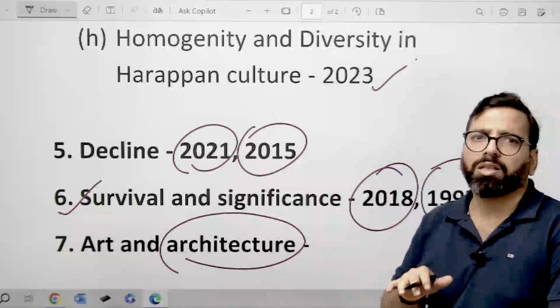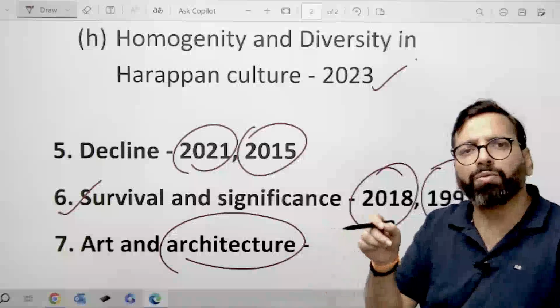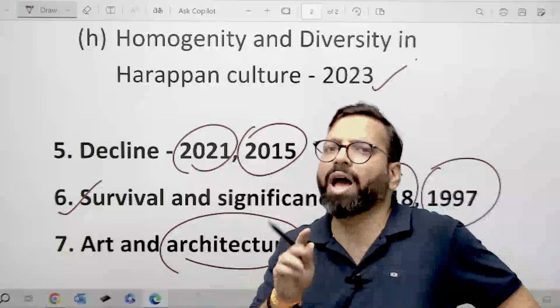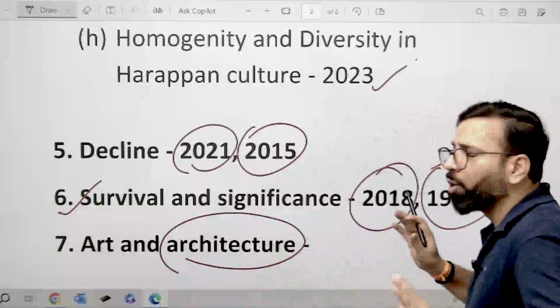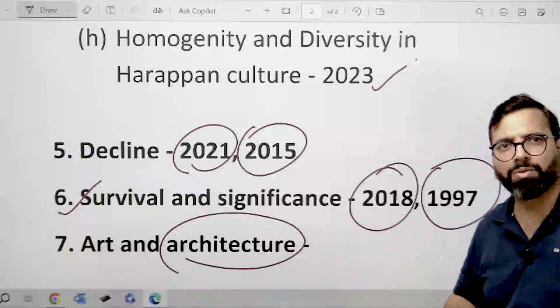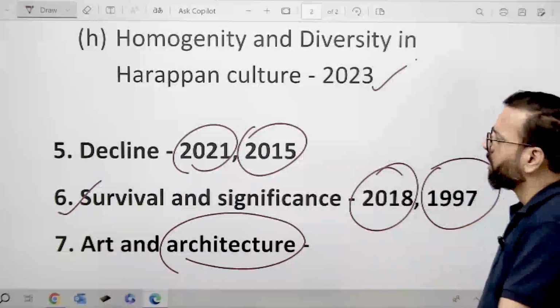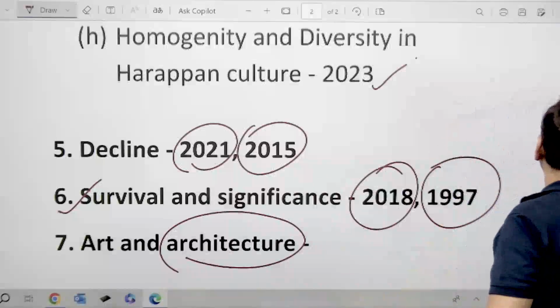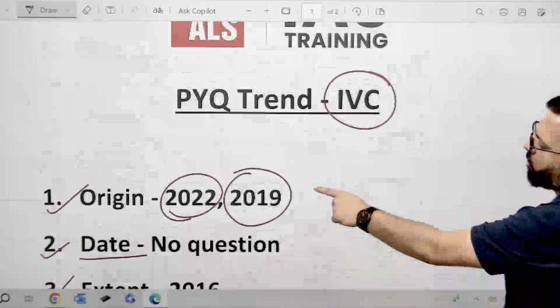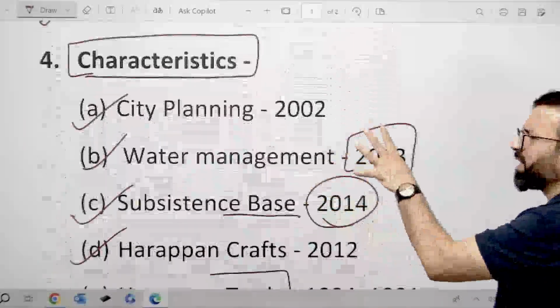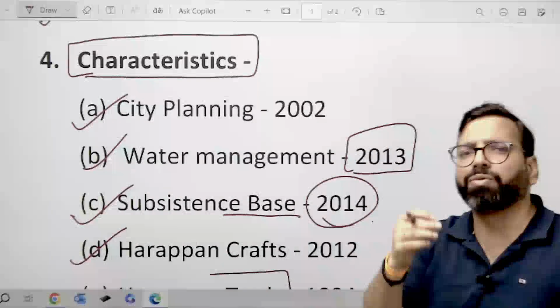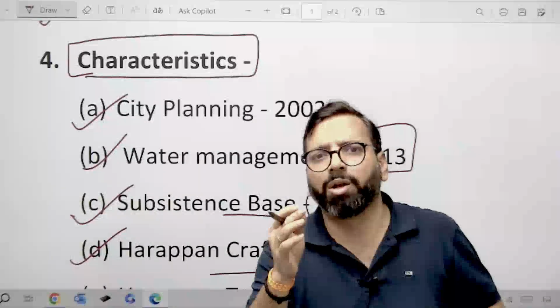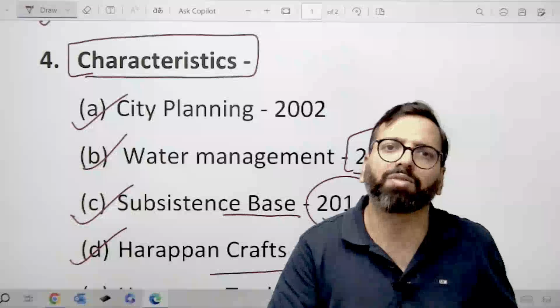So this is the analysis of your PYQ trend of IVC. You can see which topics are important for your exam: origin, then extent, basic idea, characteristic features, very important, then decline, then survival and significance.